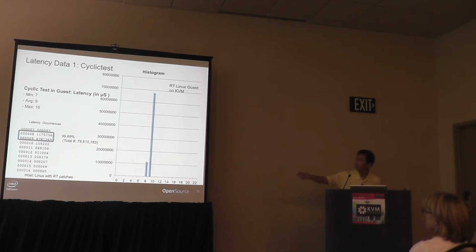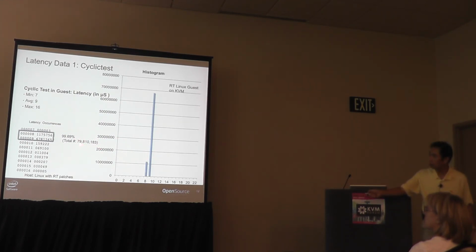And there are 5 outliers which cause maximum latency, which is 5 out of 80 million. This is the total number, basically 80 million. So the occurrence of this outlier is less than 1 per 10 million. So this is a good number.